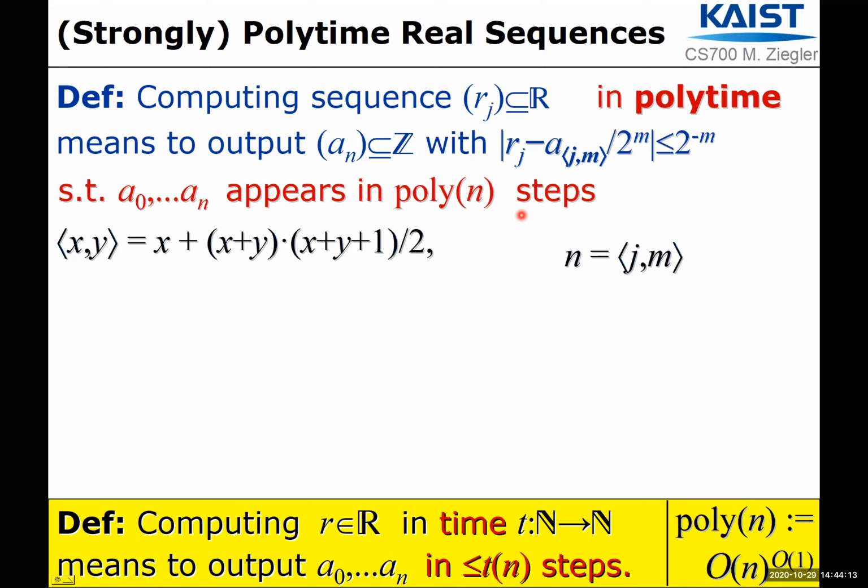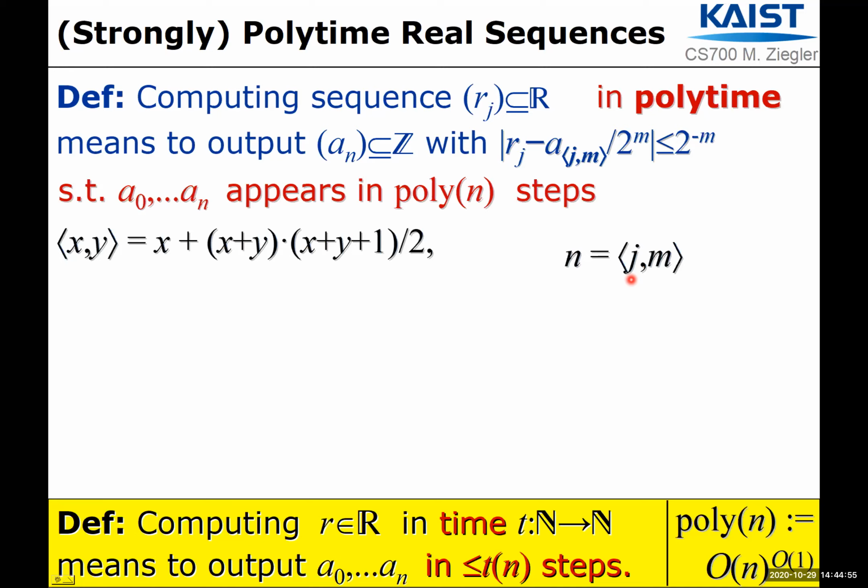Namely, we require that the first n entries in that sequence, like we required also for computing a single real number, we require that the first n numerators of that approximating sequence of dyadic rationals must appear within a number of steps that is polynomial in n. N now not denoting the output position or error, but this combined parameter, the output position parameter m and the sequence index j.